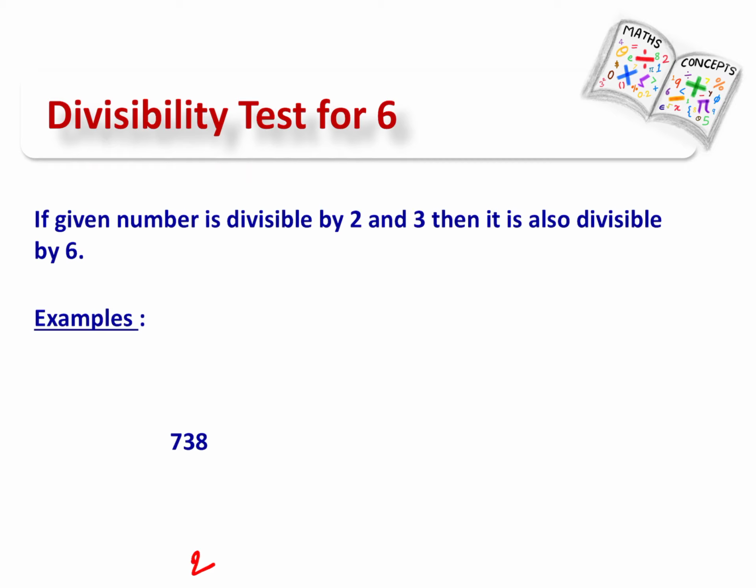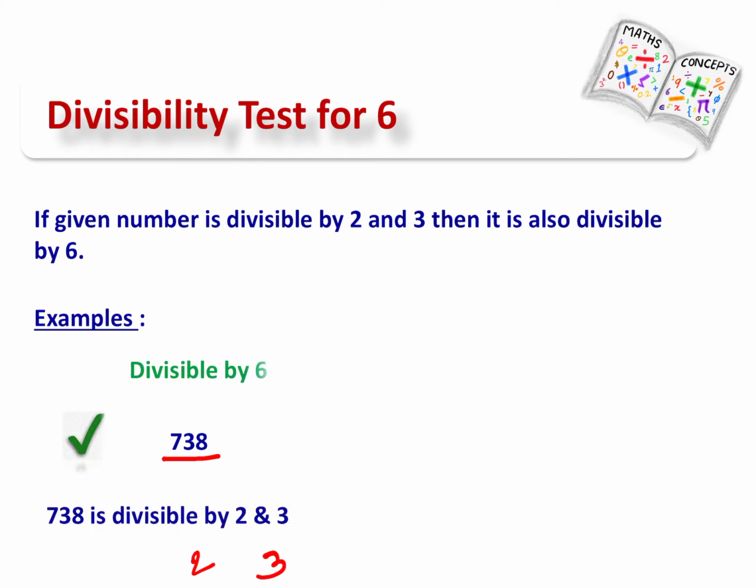So here the addition of 7, 3 and 8 will be 7 plus 3, 10, 10 plus 8, 18. 18 is a multiple of 3, and that's why we can say that the given number is divisible by 3 also, 2 and 3, and that's why we say that the given number is divisible by 6.